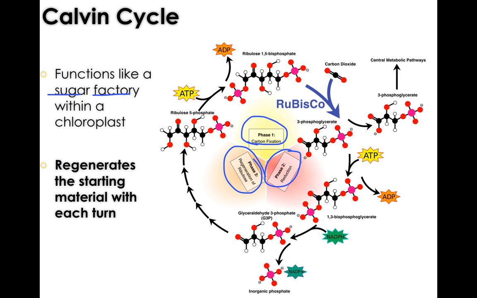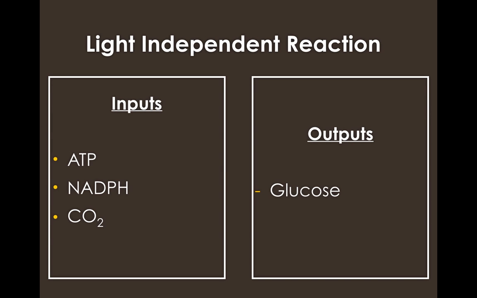As you can see, this ribulose is produced, and it's kind of the start. So for the light independent reaction, the inputs are ATP, NADPH, and CO2, and the main output is glucose.